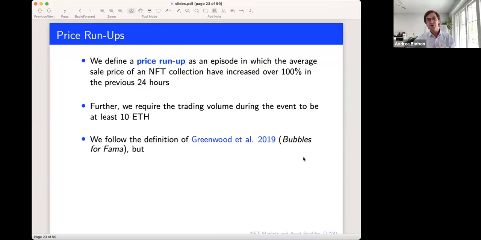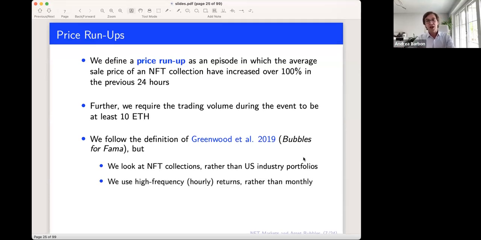We base our definition on a different paper, Greenwood et al., called Bubbles for Fama. But we are doing a different thing because we look at NFT collections while they are looking at US industry portfolios. Because of that, we use a much higher frequency. We look at price movement at the hourly frequency, hour by hour, while they look at returns at the monthly frequency.